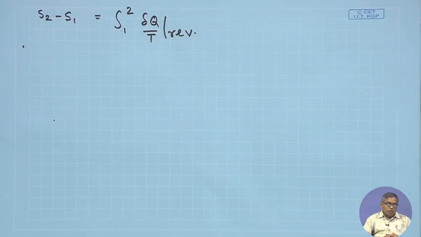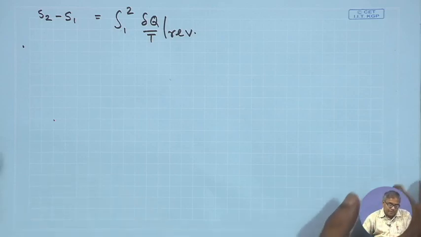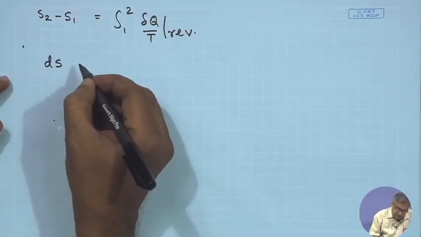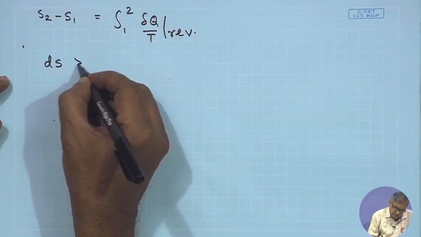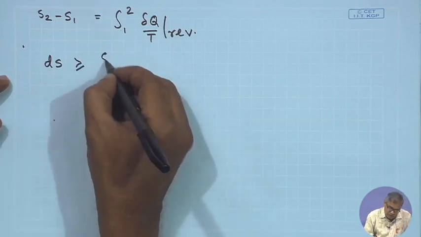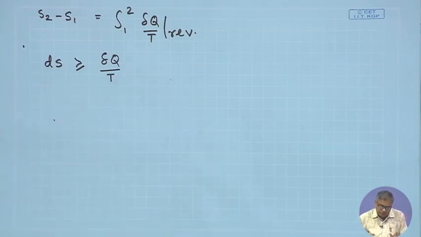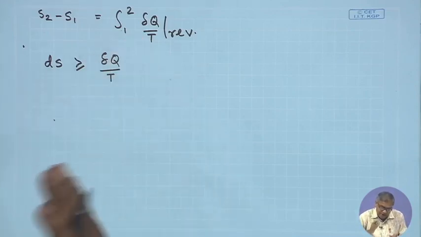So, we can write that ds in general is greater than or equal to dq by T. So, I am not writing dq by T reversible.